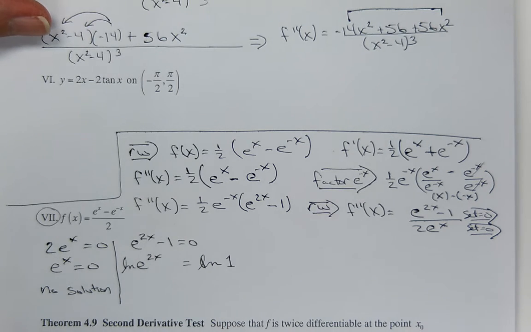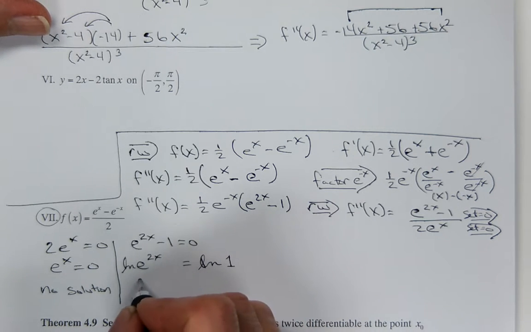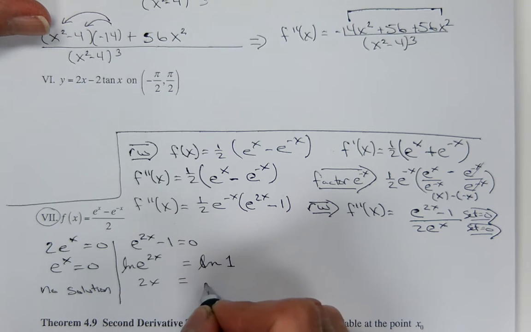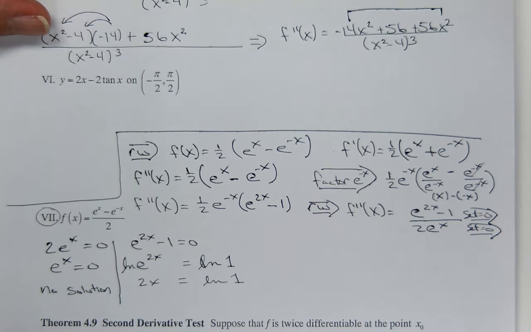And so this is 2x equals natural log of 1, but the natural log of 1 is 0, which you can put into your calculator if you ever forget that. So I'll divide by 2, and I get x equals 0 over 2, which is 0. And that is a possible inflection point.